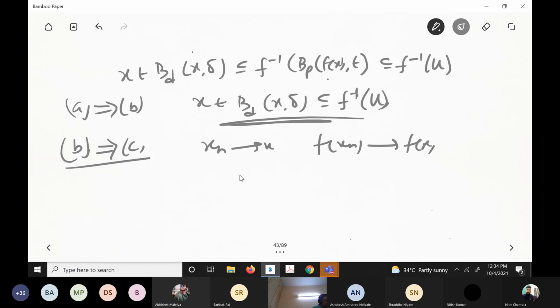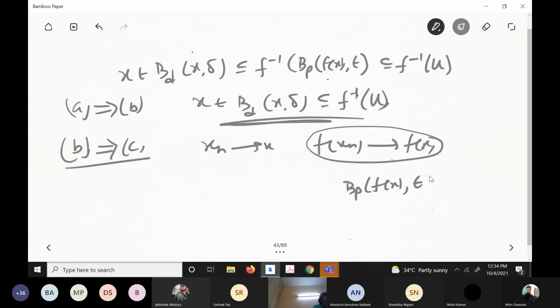Now look, it's easy to prove that. Basically, you'll have to show each neighborhood of f(x) contains a tail of the sequence. So you take any neighborhood of f(x), or you take epsilon. This will have to contain a tail of this sequence.